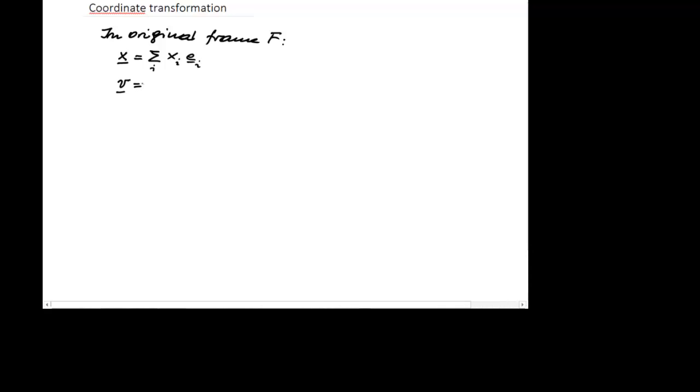What's the velocity that I see? The velocity in my frame, that's x dot, and this is the sum over i of xi dot ei.